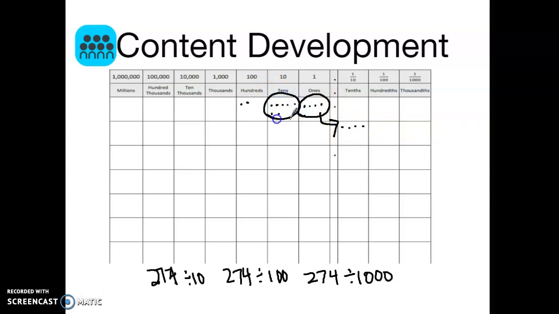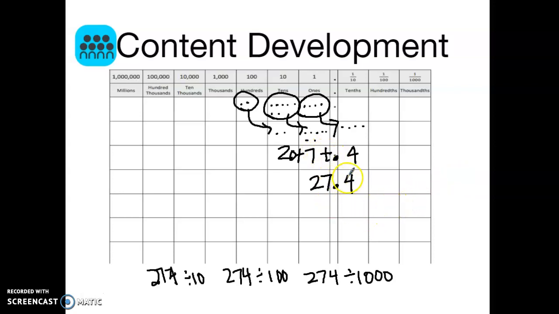Our 7 is going to shift to our ones place. And our 200s is going to shift to our 10s. So now we have 2 tens, which is also 20, 7 ones, and here's our decimal, and 4 tenths, or 0.4. So it's 27 and 4 tenths.